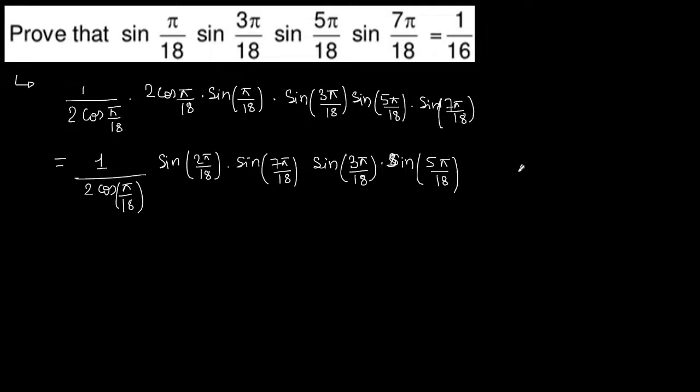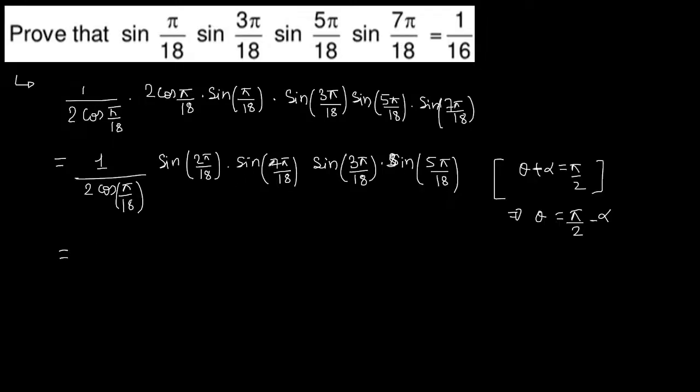So if we see theta plus alpha is pi by 2, we can say that theta is equal to pi by 2 minus alpha. So this is theta, this is alpha.